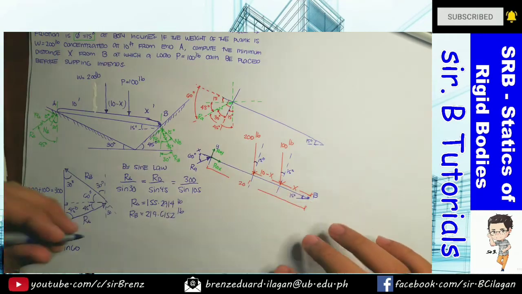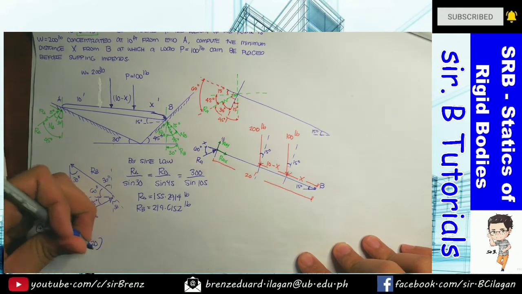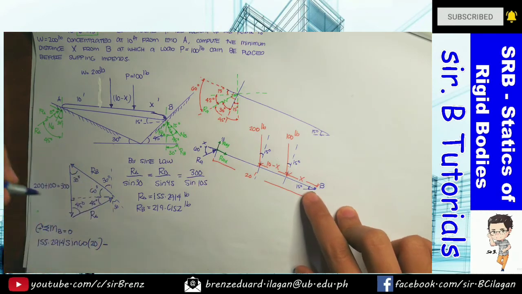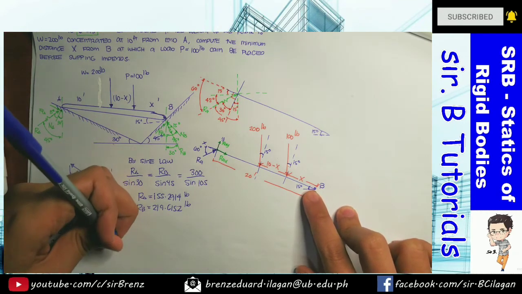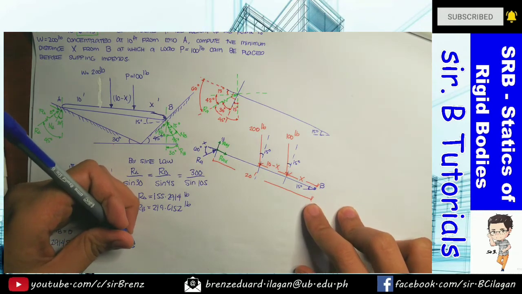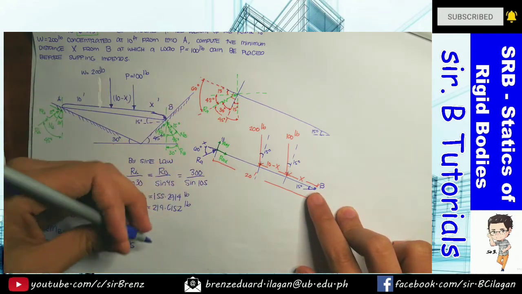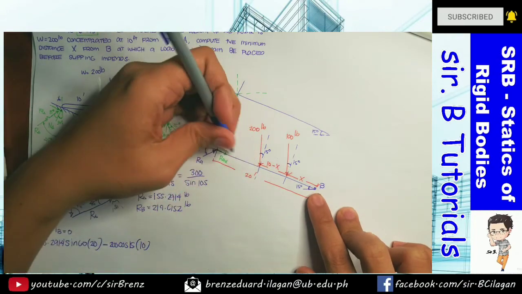Okay, so multiply by 20. Kita ba? And then, minus 200 cosine 15 multiply by 10. Okay, so sabi nga ito is 10.